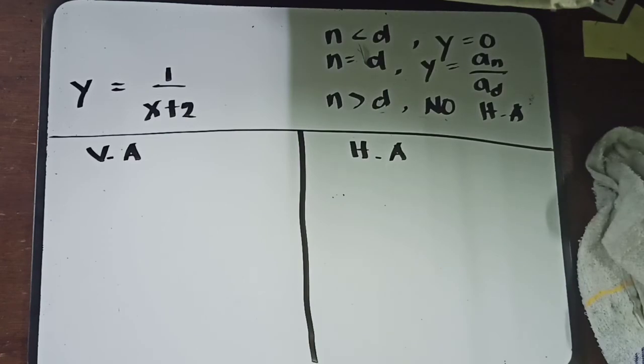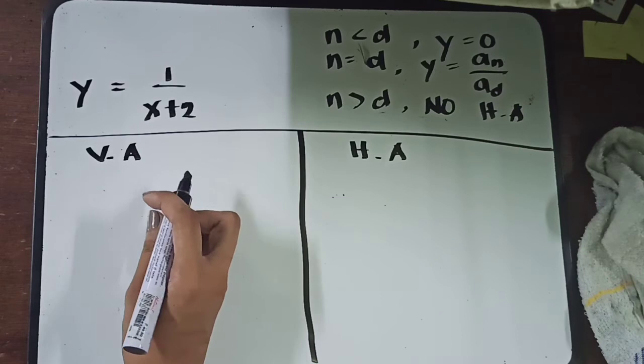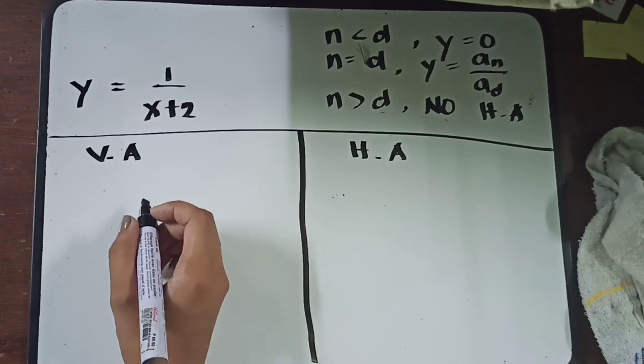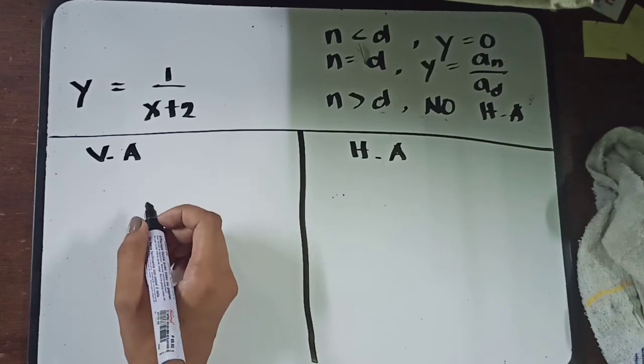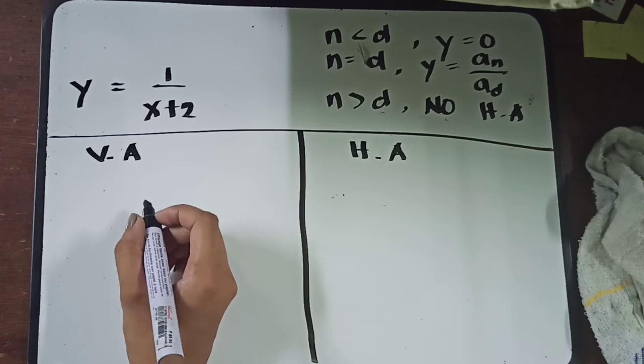Okay, so for example, number 1, we have y is equal to 1 over x plus 2. So, we're going to solve for the vertical asymptote and the horizontal asymptote. So, again, for the vertical asymptote, kunin mo yung zeros ni denominator. So, kailangan nakasimplified, in simplified form na yung function natin.